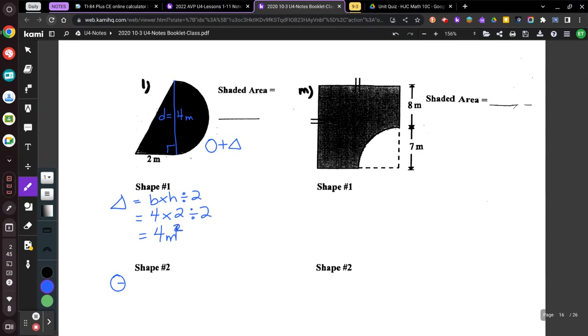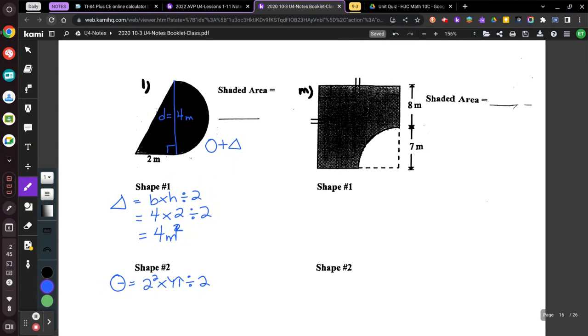So our triangle is 4 meters squared. Now we're going to do the circle. So the circle is going to be r squared, 2 squared times pi, and we have a half circle, so we got to divide it by 2. Divide by 2 means we have a half circle.